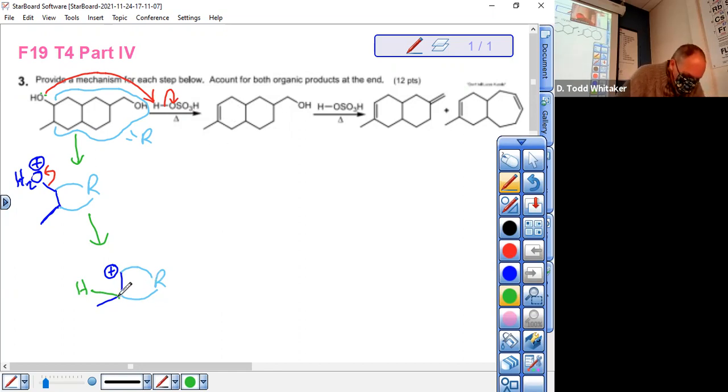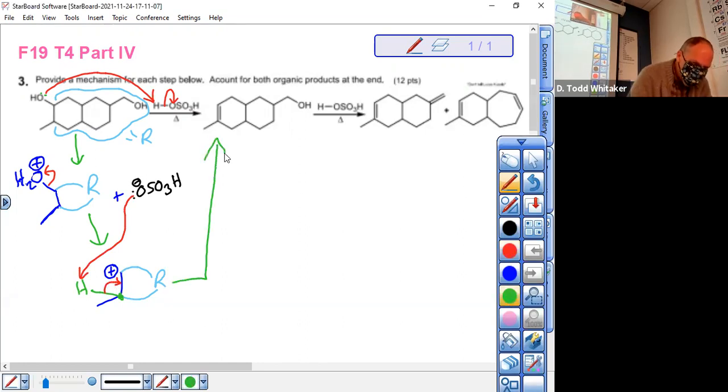There is an H on the same carbon down here. What's going to take it is the sulfate ion you generated when you deprotonated sulfuric acid. Sulfate ion grabs H, sigma becomes pi, end of story to get to there.